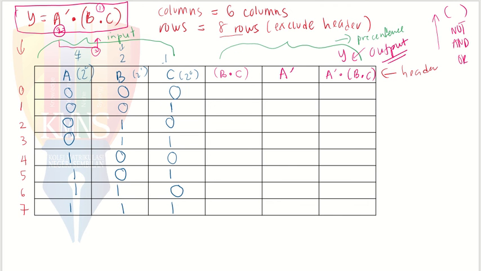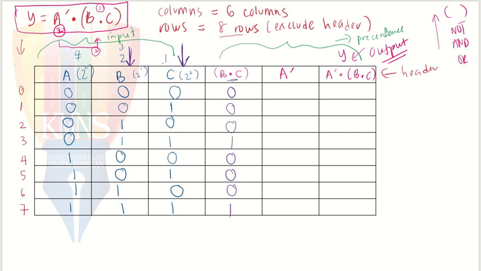For b dot c, you need to look at the b column and the c column. Let me change the color first. So b and c, 0 0 gives 0, 0 1 gives 0, 1 0 gives 0, 1 1 gives 1, and the pattern repeats: 0, 0, 0, 1.